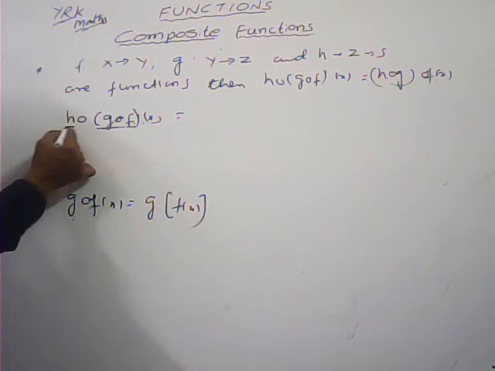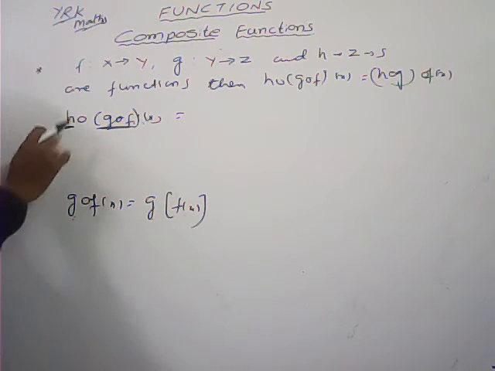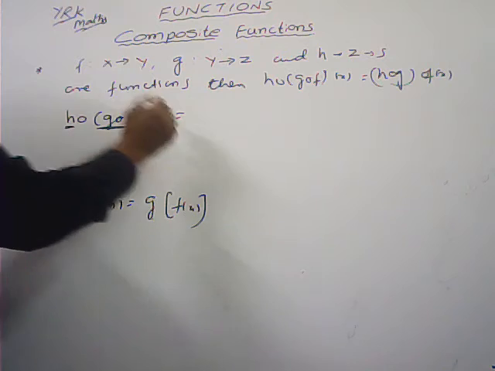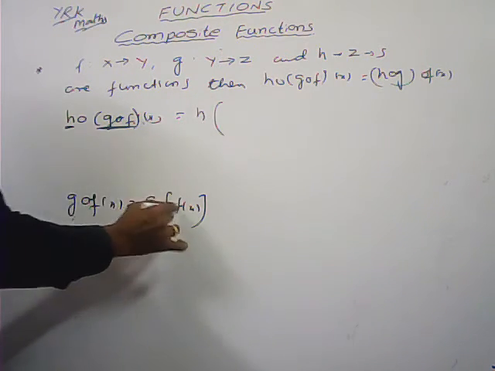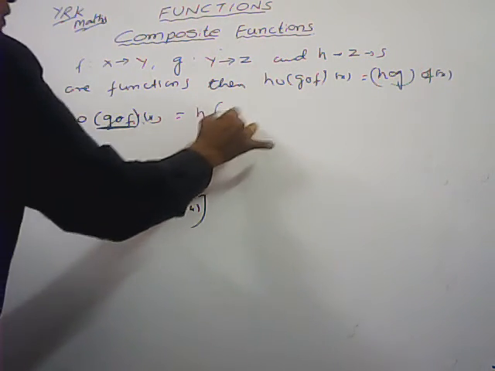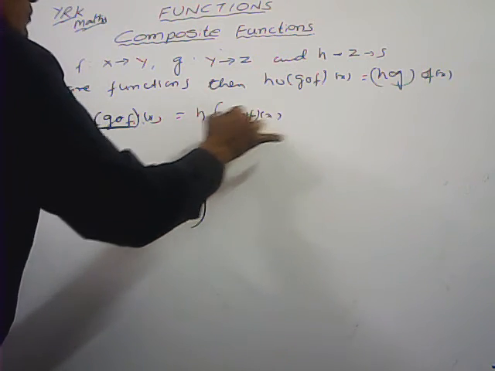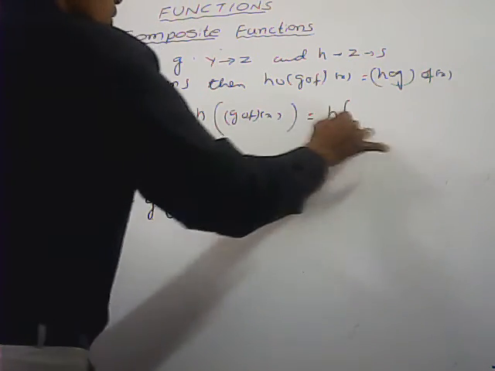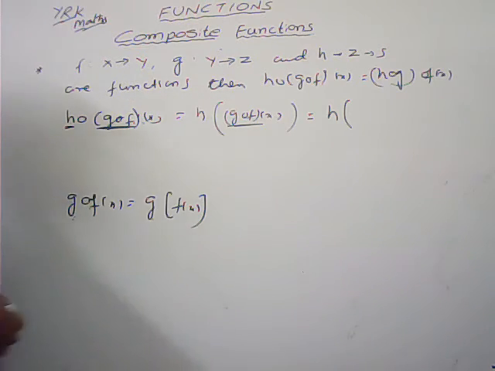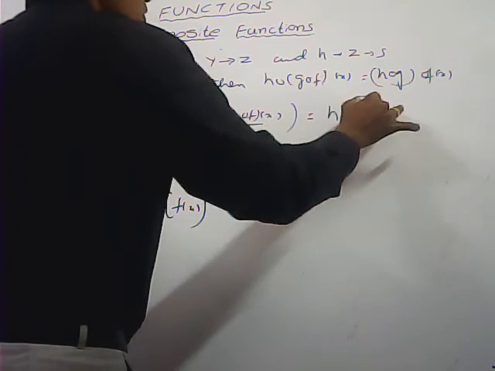So this one you can consider G, this one you can consider F only. G circle F of X, that is equal to H of G of F of X. F of X means G circle F of X. And again that is equal to H of, this is in the form of G circle F of X. We define that one as G of F of X.